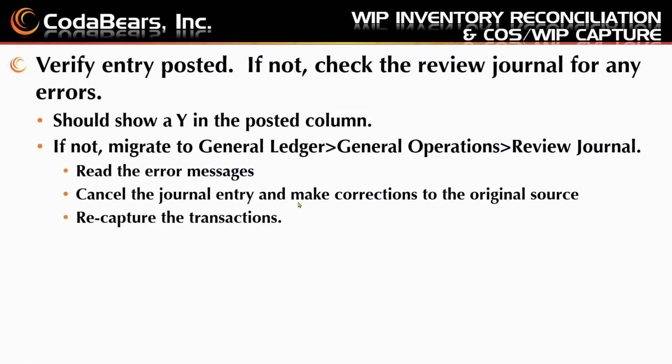If it happens on a capture and post, obviously you have to go back to the actual transactions, just like we were looking at. Time and expense entry will still be open because you have not finished the capture and post. Fix the journal entries, fix the source, and then recapture the transactions and continue this cycle until everything posts.